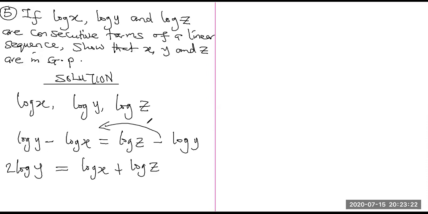So we now apply the power law of logarithm. The 2 will come as a power. We now have log y squared is equal to, on our right hand side, we apply the multiplication addition law. They are the same base 10, log xz.